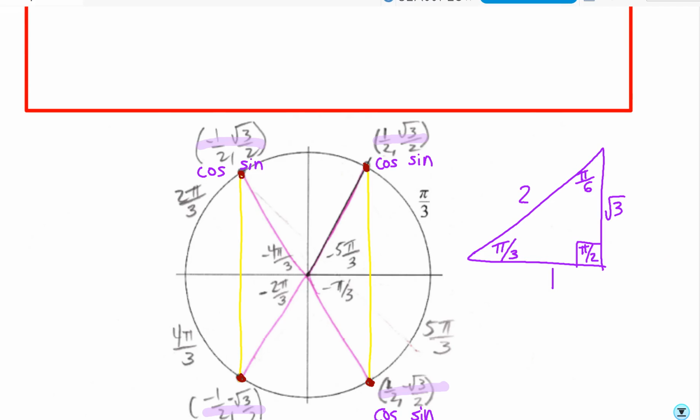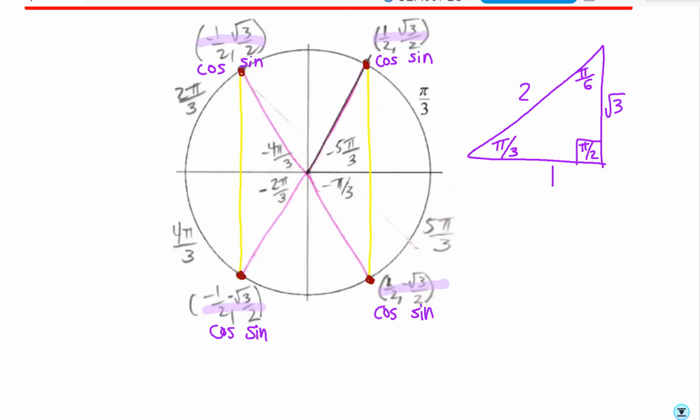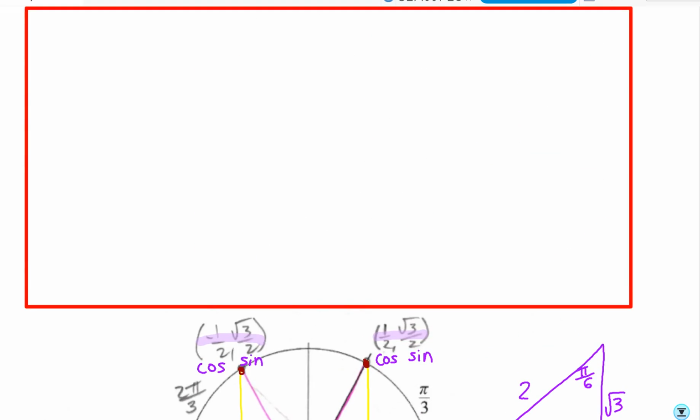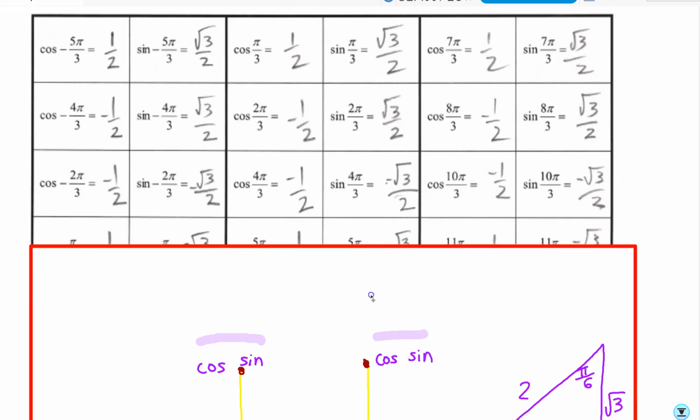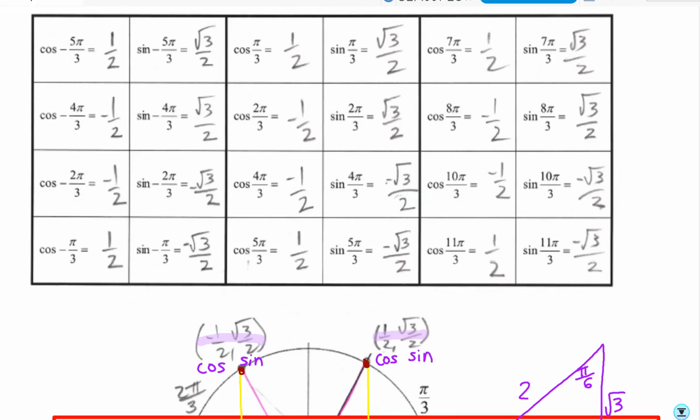So once again, with the table below, you're just to read from the different points depending on what quadrant you're in and how many rotations you've done. So if I go up, it's up here. If I go up here, I'm going to fill in all of my sine and cosine ratios based on where I'm located.